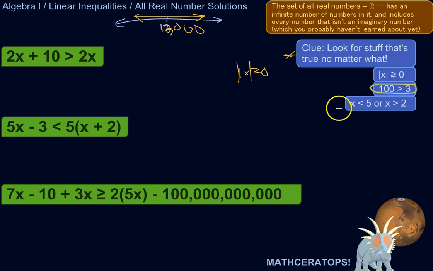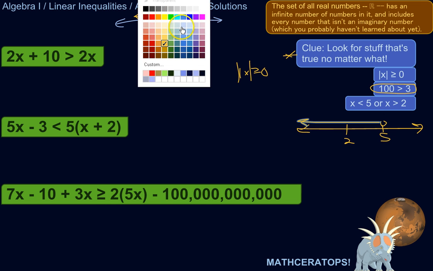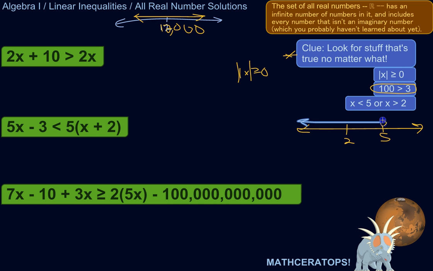And then finally, there's a case where your conditions are x is less than 5. Let me just graph this. Less than 5, or greater than 2. So we've got 5 here and 2 here. Anything less than 5 will work, and anything greater than 2 will work.